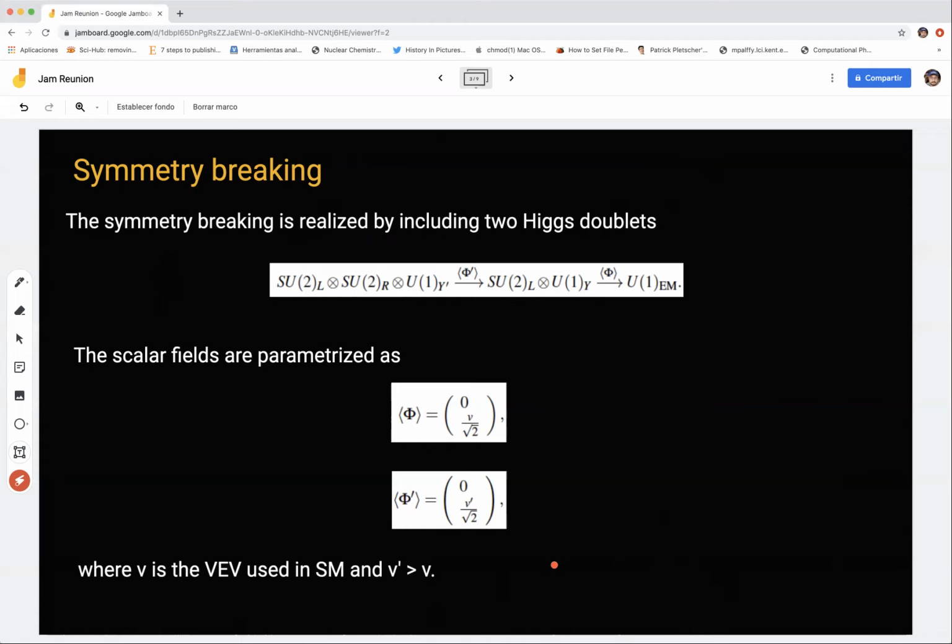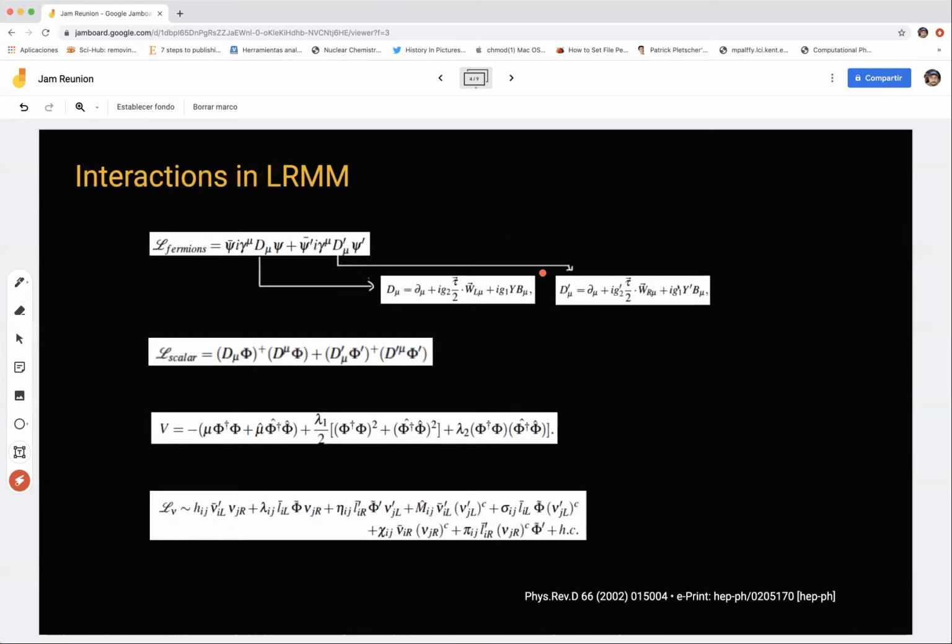On the other hand, an important channel for the annihilation of dark matter will arise from the H prime. A detailed review of the model can be found in the reference shown below this slide.